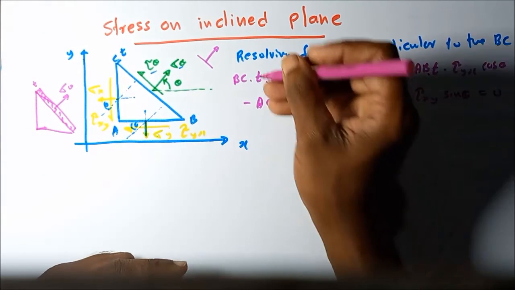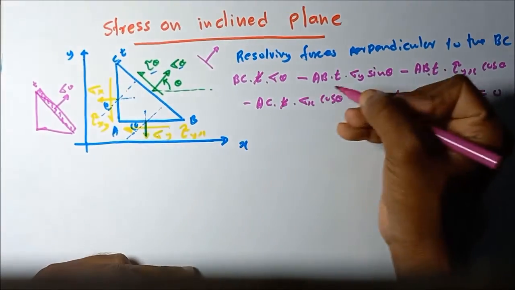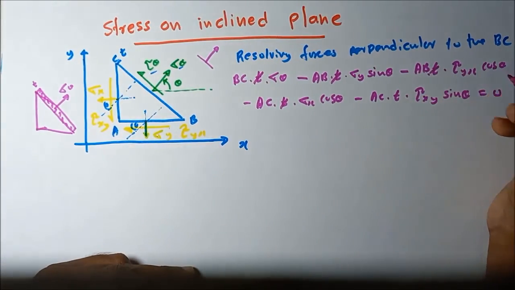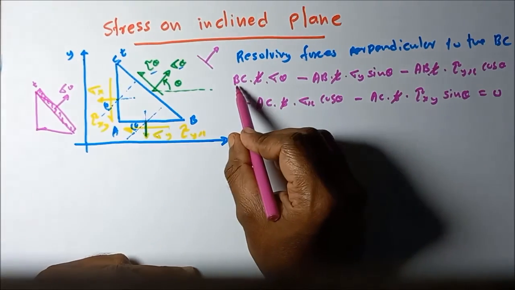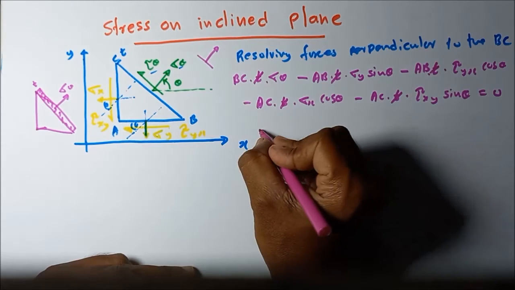Okay. Then we can cut T. The T is a common term, the T we can cut. At the same time, I am going to make sigma theta the subject by dividing by BC.